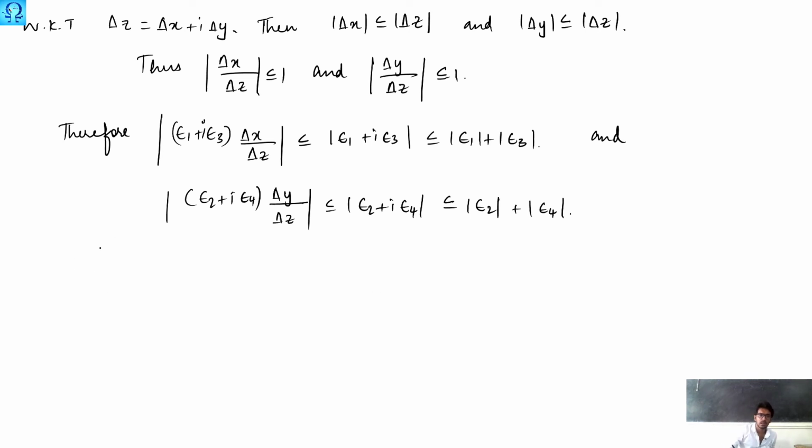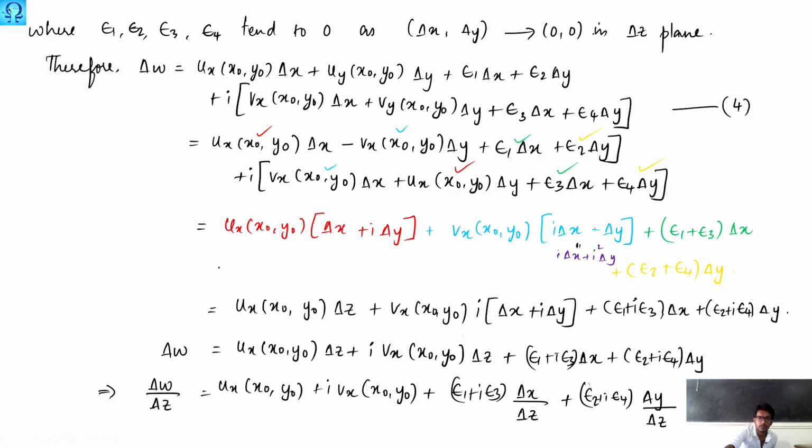Now we shall take the limit as delta z approaches 0, that is, delta x, delta y approaches 0, 0, of delta w upon delta z. So if you look at these things here, this quantity is smaller than the absolute value of, like, so this quantity goes to 0.